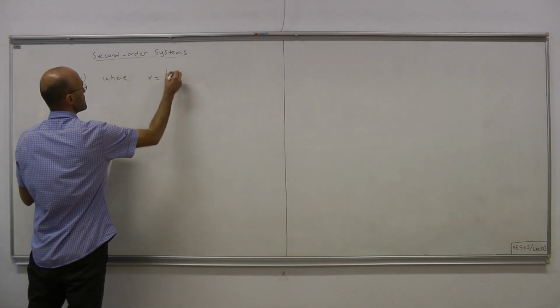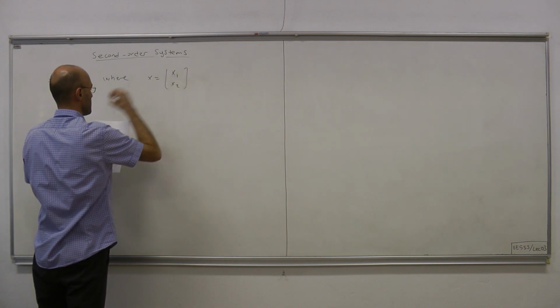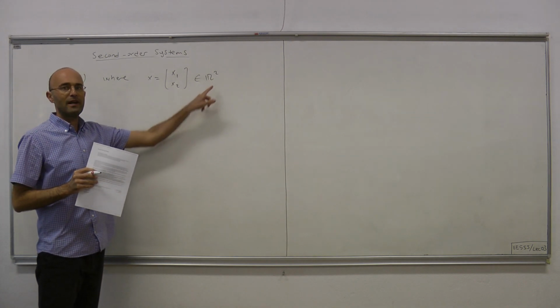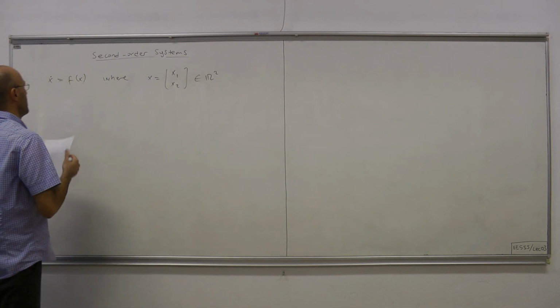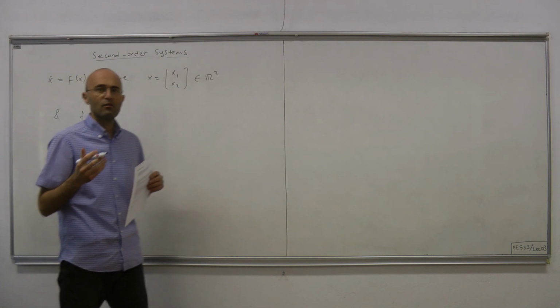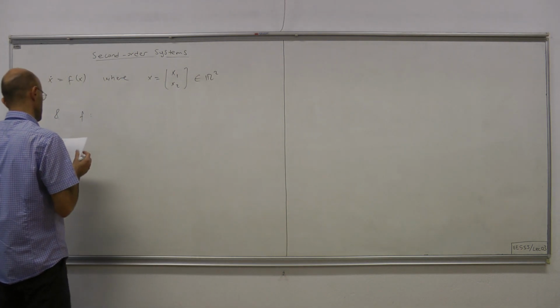X is x1, x2, on the real plane R2, and therefore f must be a mapping from R2 to R2.